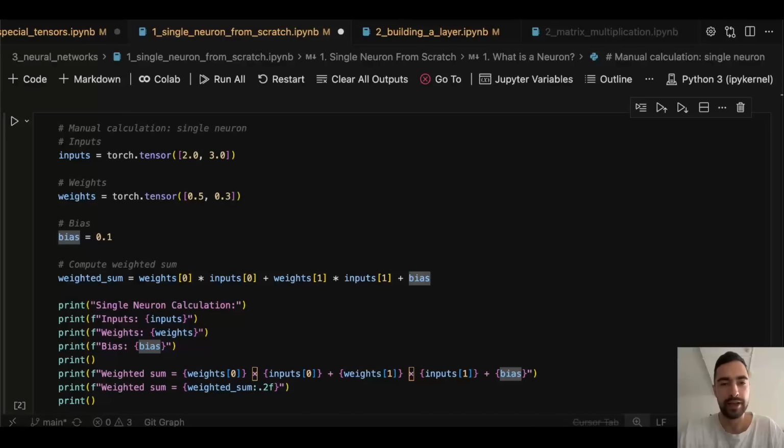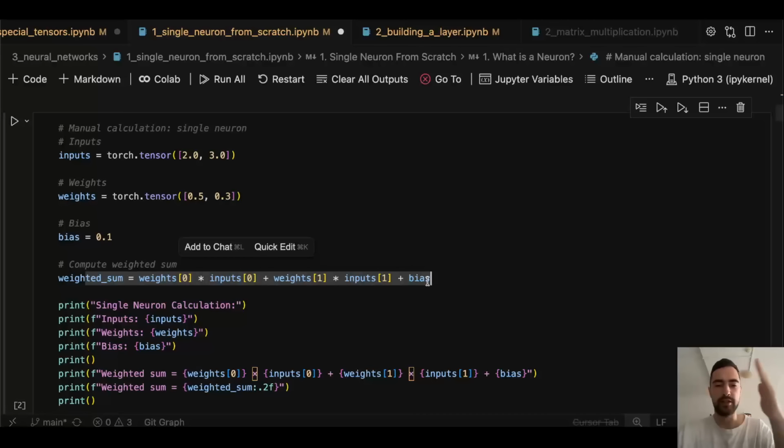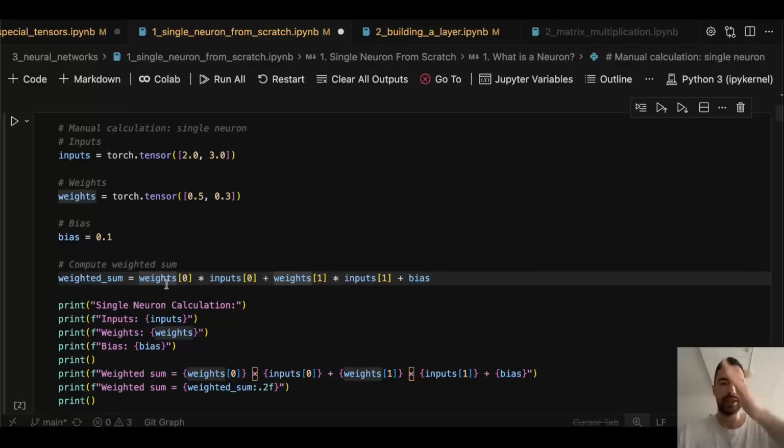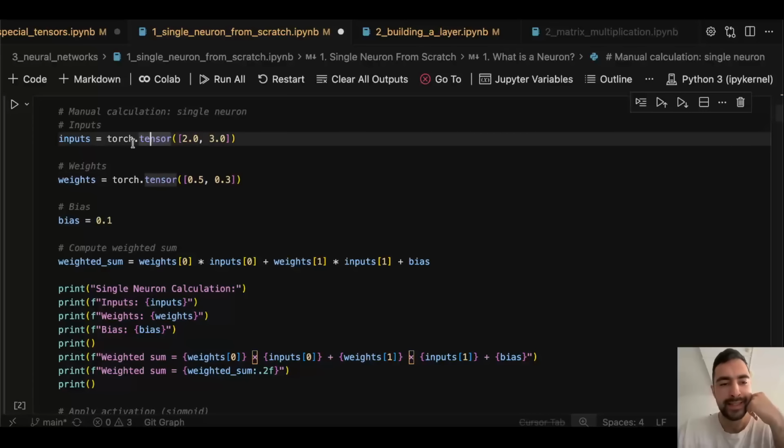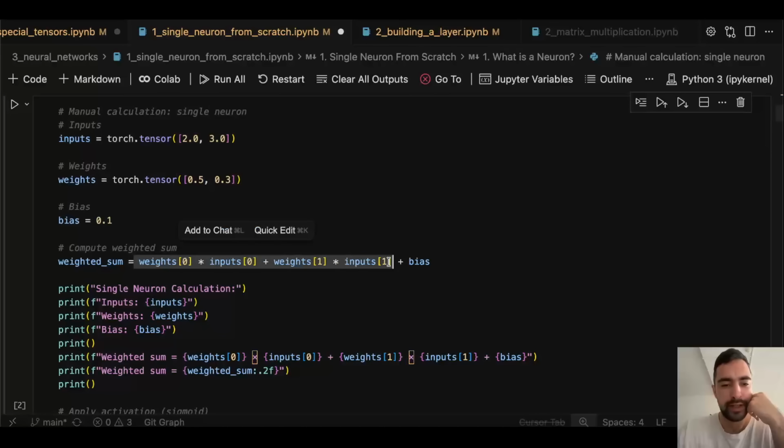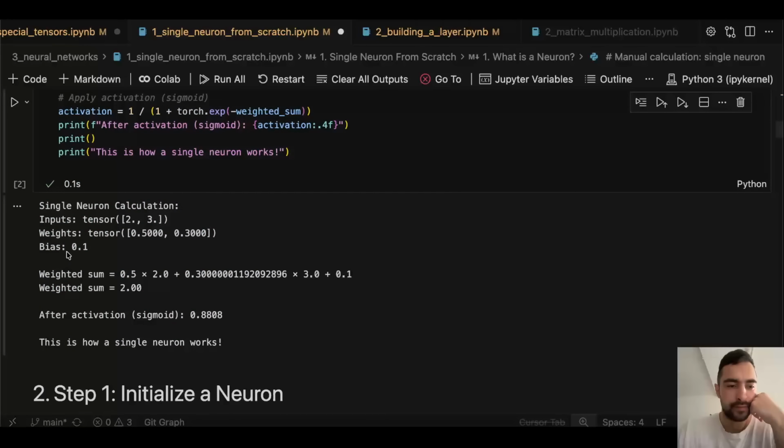If you know functions, bias will help this function, whatever it is, to move left and right. And these weights are going to determine the slope. This is in my math course for machine learning that I published earlier. In this case, this is just a dot product between input and weights. And so the weighted sum is 2 in this case.